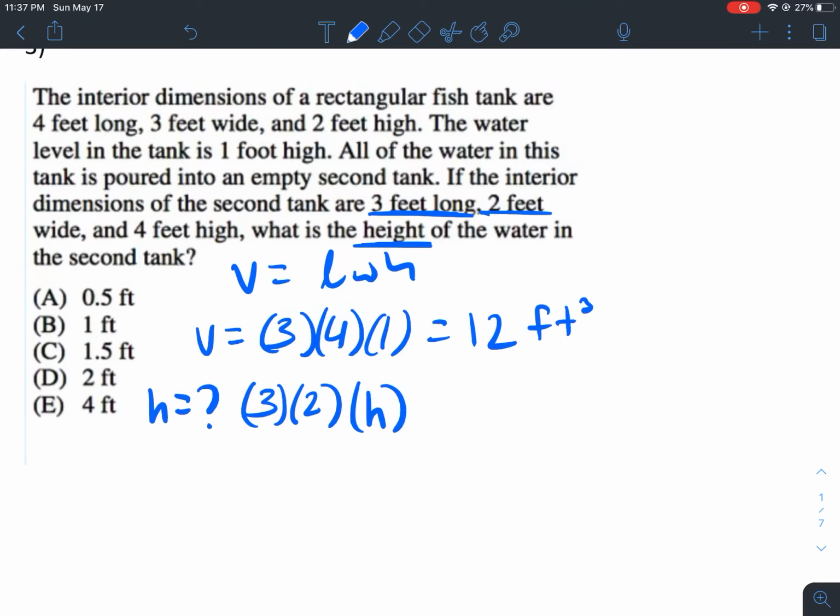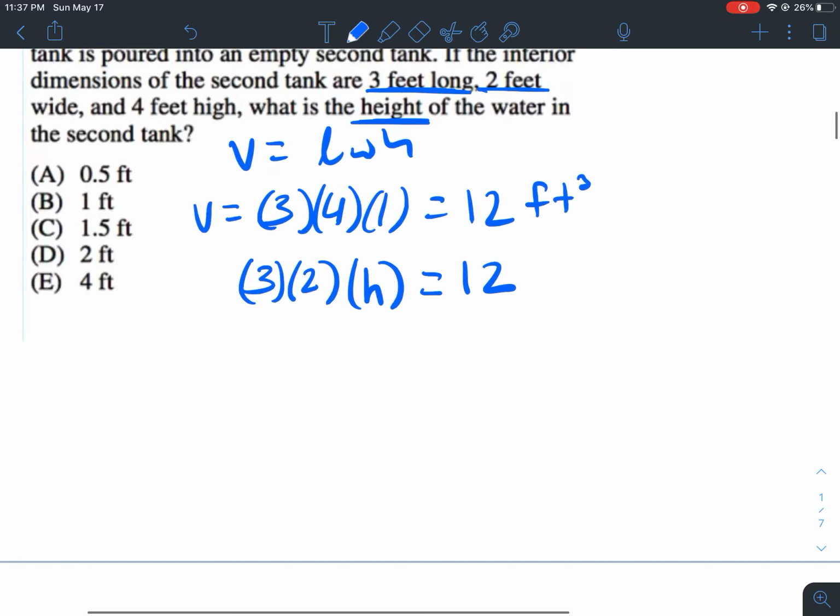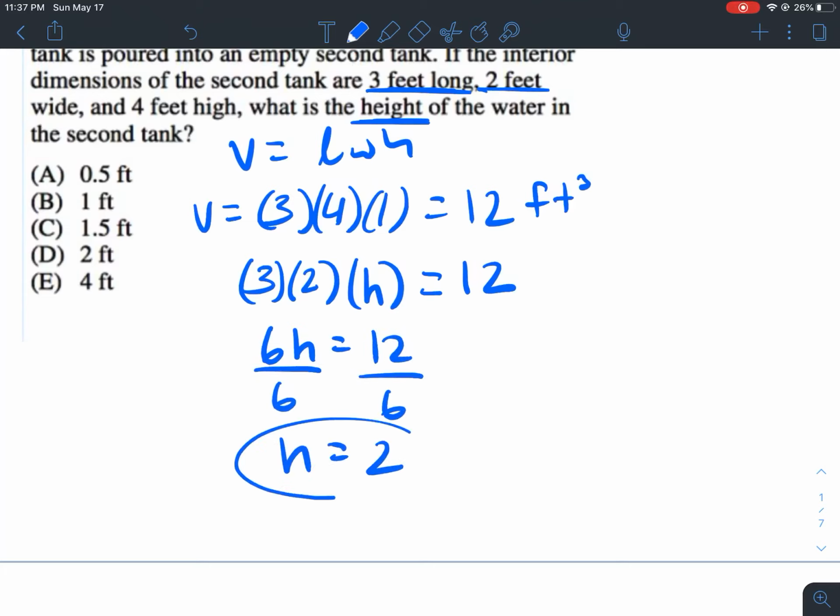So we'll plug that in. Now, if we're transferring all of the water from the first fish tank, that volume of water is going to stay the same. It's still going to be 12. So let's go ahead and solve for the height, h. We multiply that out and we get 6h equals 12. We divide by 6, you get height equals 2. So our height is going to be 2 feet.